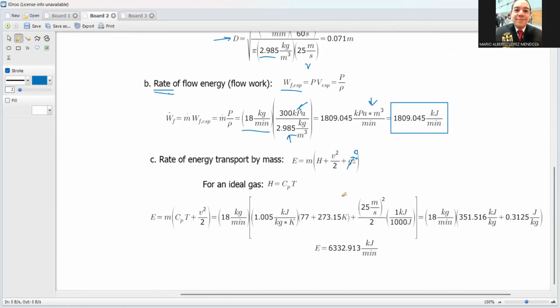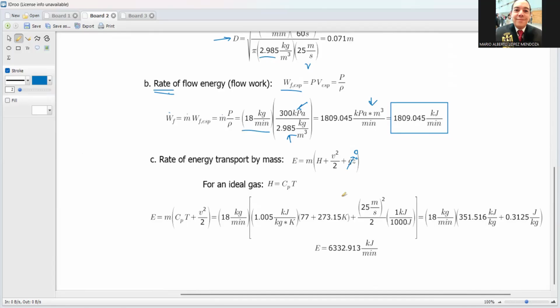In the case of an ideal gas, remember enthalpy is just a function of the temperature. The effect of pressure on enthalpy in an ideal gas is negligible.